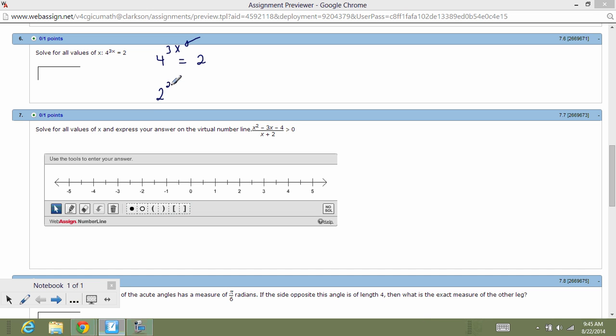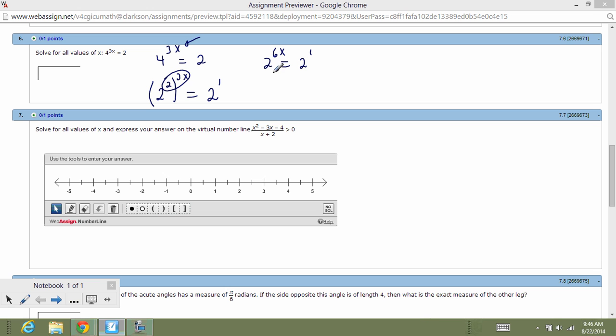4 is 2 squared. So we rewrite on the left the 4 as 2 squared, and then that thing is being raised to the 3x power. And that equals, on the right, 2 to the first power. Well, right here, this power being raised to a power, that is now going to be 2 to the 6x power equals 2 to the first.